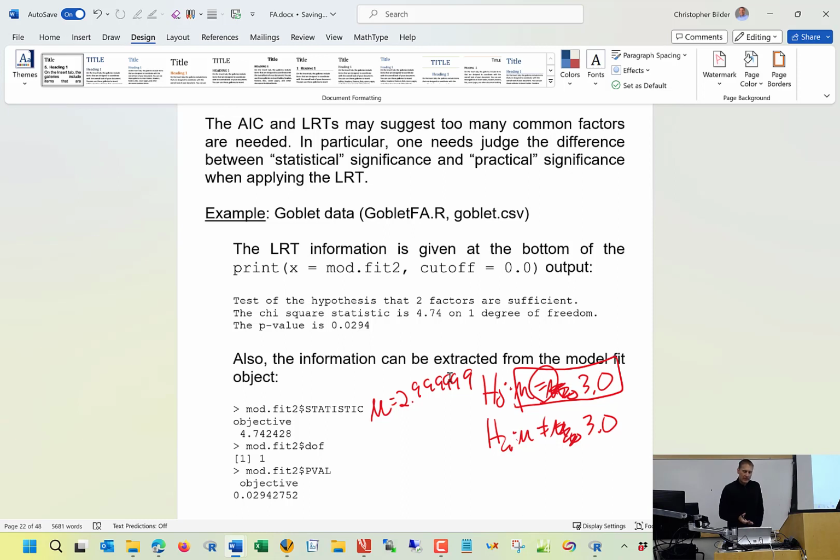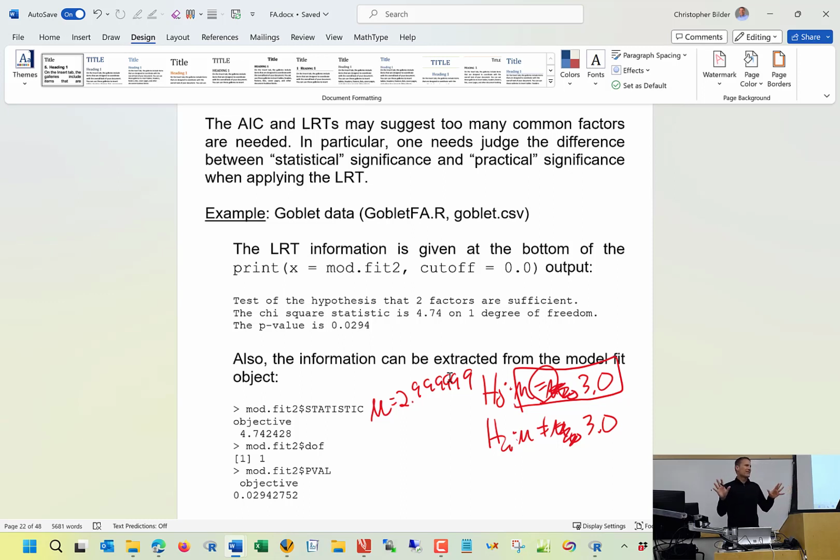And so in the end, what ends up happening with these likelihood ratio tests is that they can lead to a situation where it says you need more common factors when, in a practical sense, you don't. Well, how do you judge what's practical then? That's where you look at those residuals. If I did a hypothesis test that said you should have more common factors, but then I look at the residuals, and all the residuals are less than 0.05, then I might be thinking, well, wait a second here.